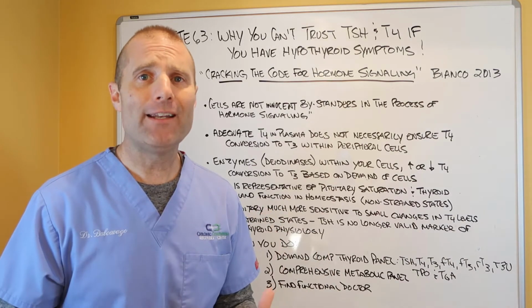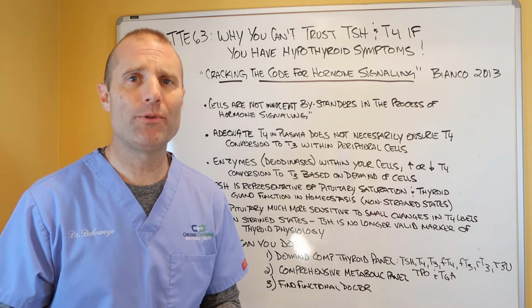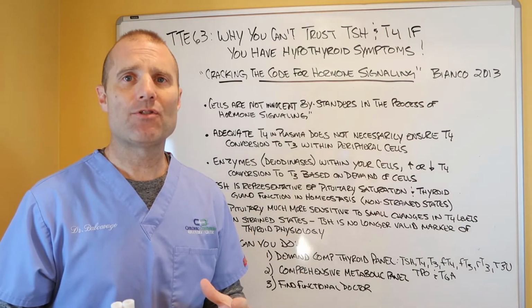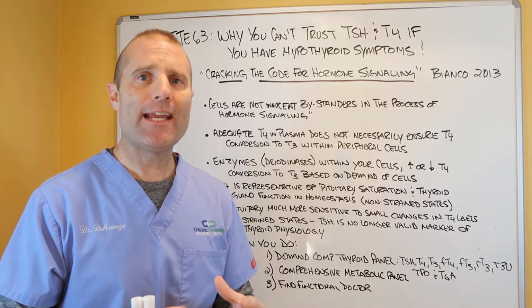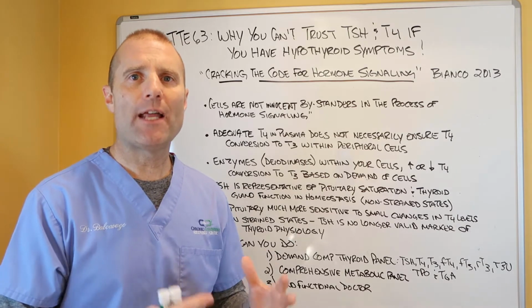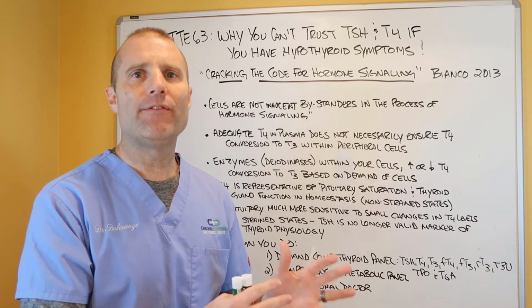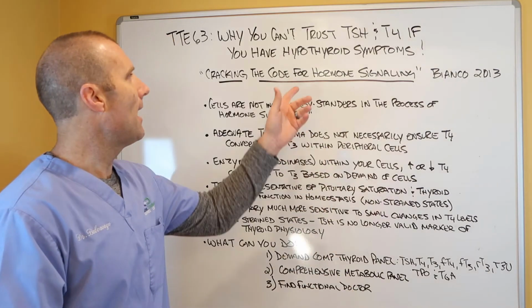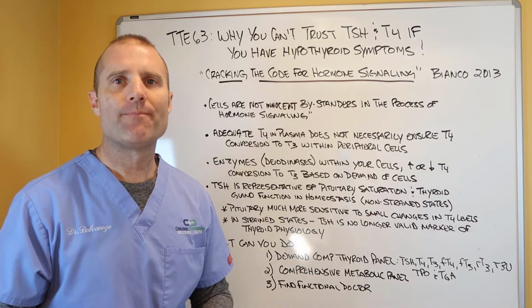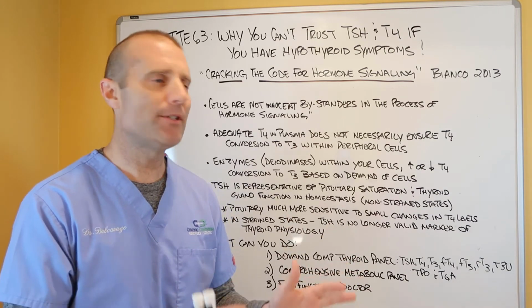But if you're not in homeostasis, you've got physical stress, chemical stress, emotional stress, microbial stress, any of these types of stressors, they can change what happens at the cellular level. They can change what happens with thyroid physiology overall. The gland can function well, but you can have hypothyroid symptoms. Regardless of what's happening at the gland, which can be perfectly healthy, you can have hypothyroid symptoms.